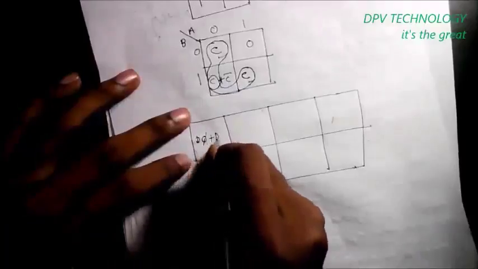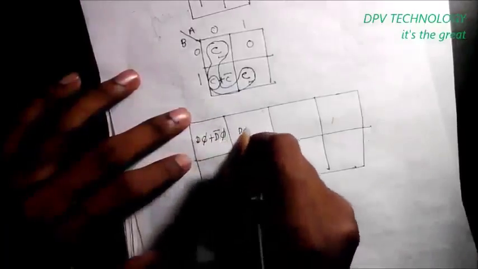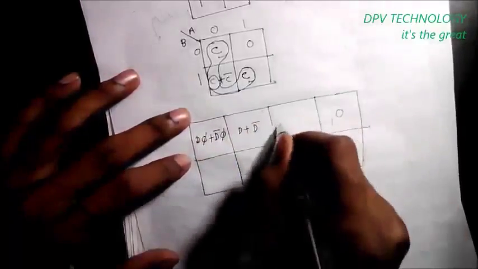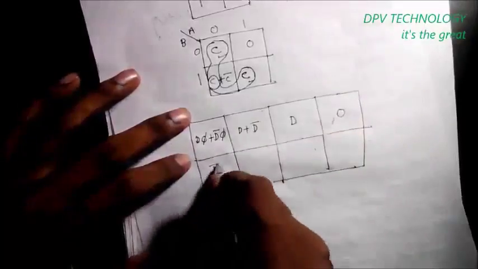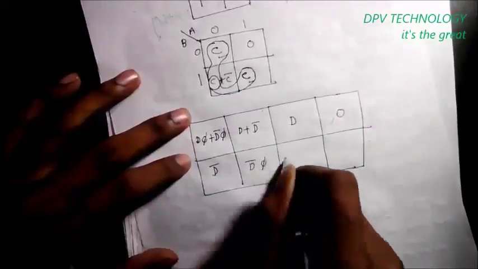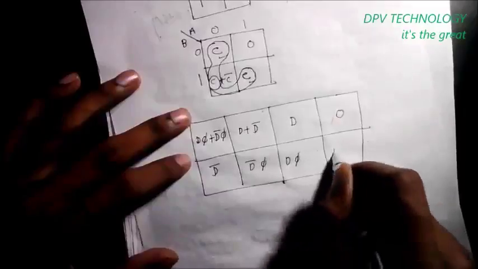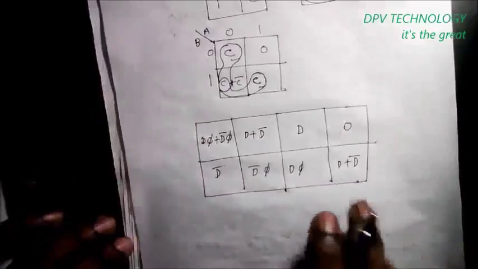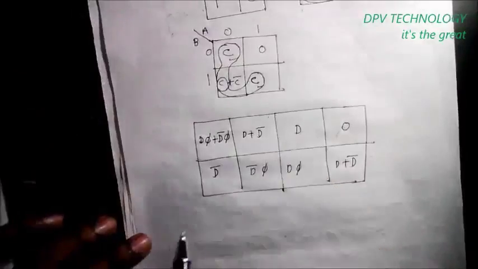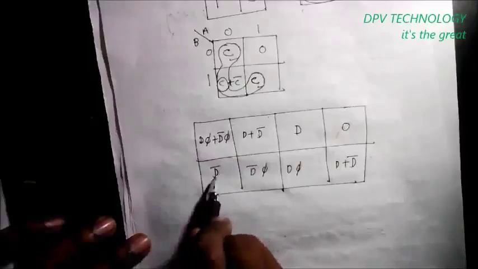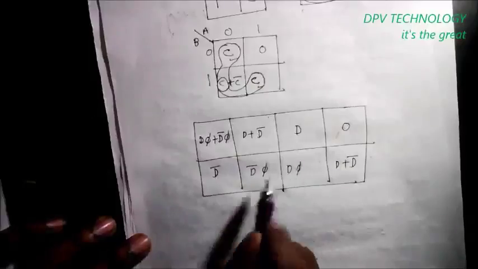D don't care, D bar don't care, D or D bar 0, D bar don't care, D don't care, D or D bar. Now the first step was that you have to only see the single map entered variable, that is this thing is single and this thing is single. This thing is not single.